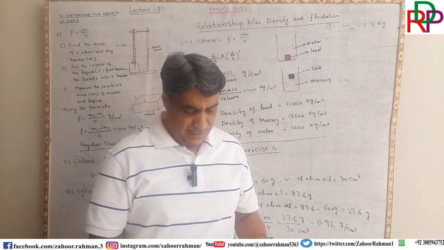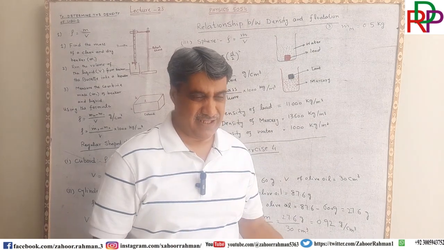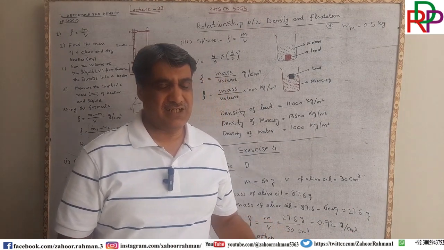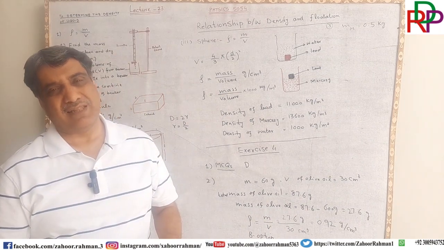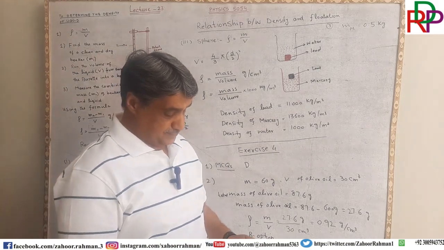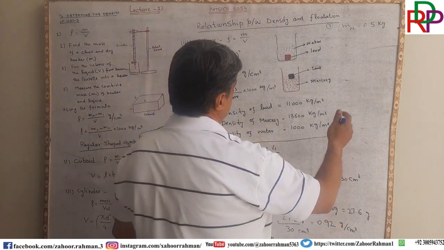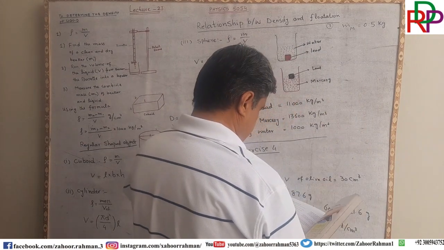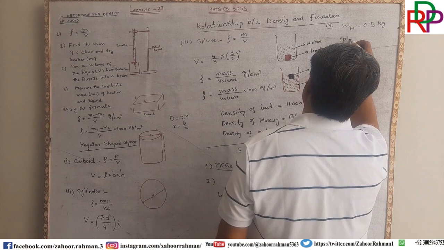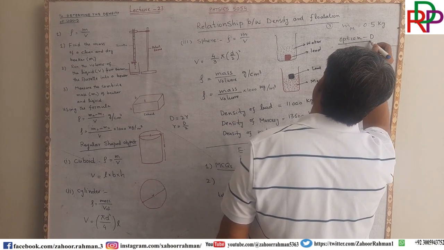So D part is saying the same mass, correct, and more weight, yes, because gravitational pull on the earth is more than the gravitational pull on that object on the moon. So it will have the same mass and more weight. So option D is the correct option.